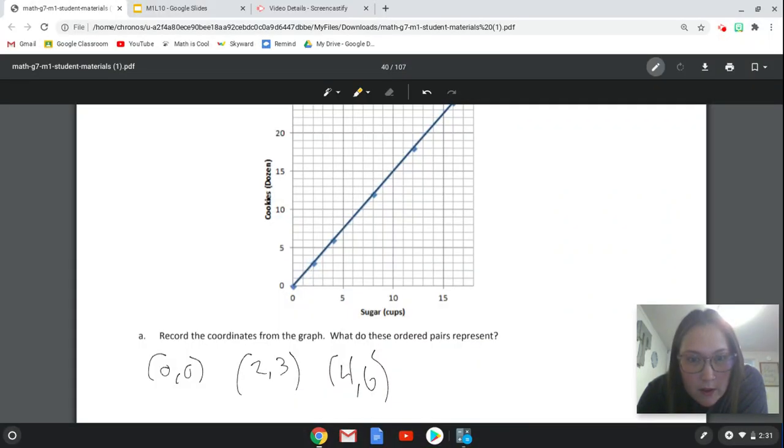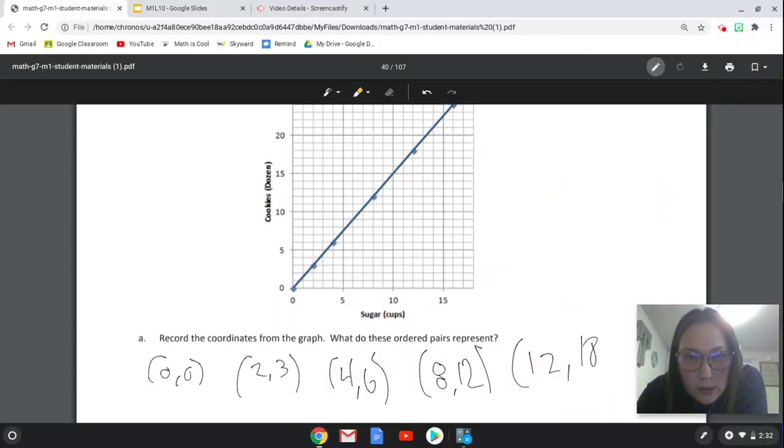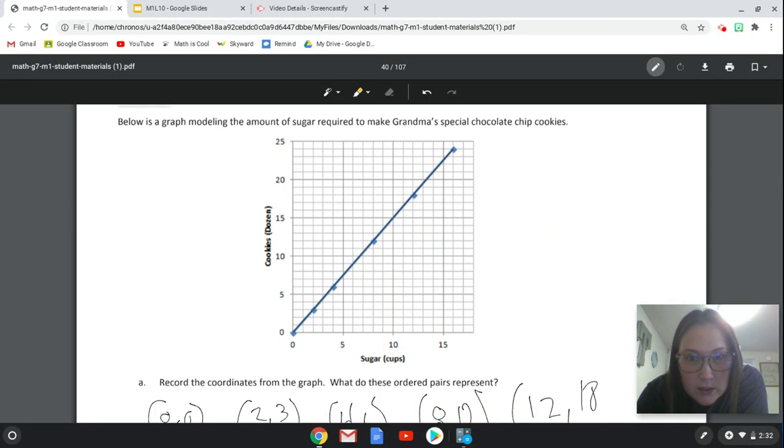I see 8, 12, and 12, 18, and whoa, there's one way up there that I couldn't see. 16, 24.